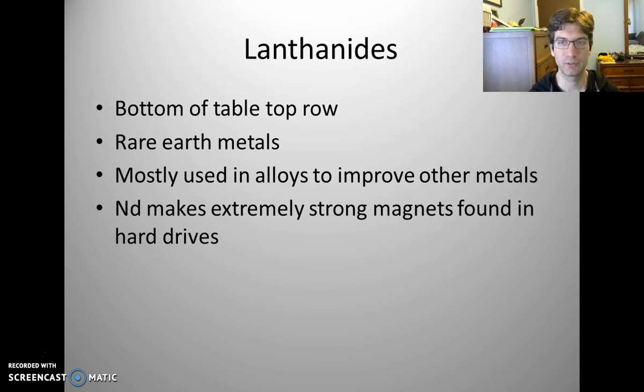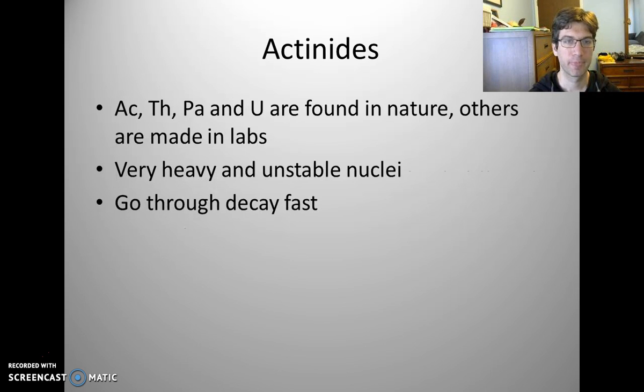We call those alloys if one of them is a metal. Nd is neodymium. Neodymium is strong, and you notice the really strong magnets I use are those strong magnets found in hard drives of computers.